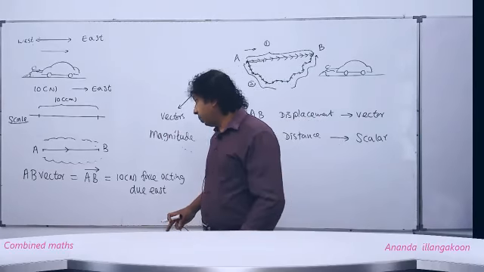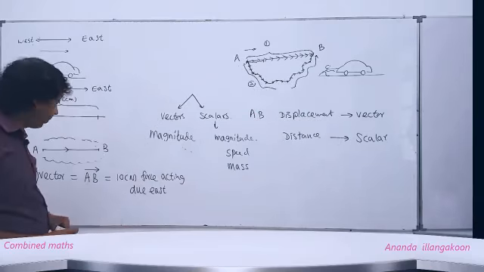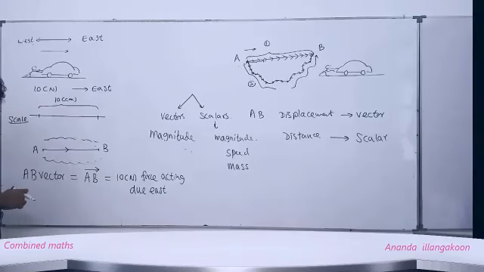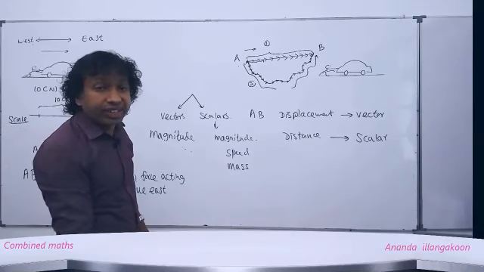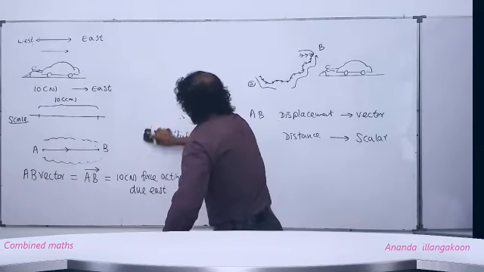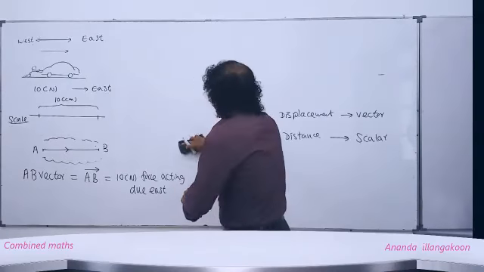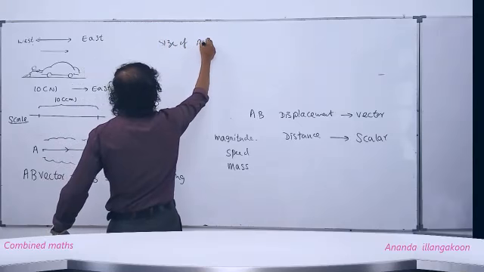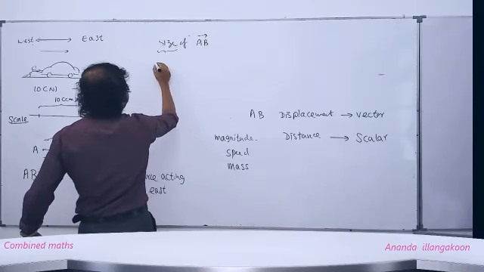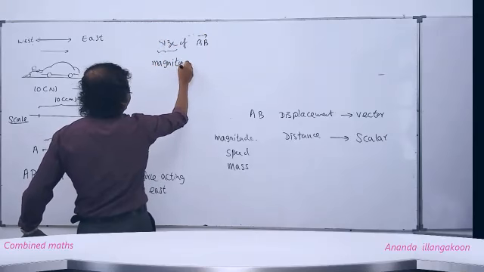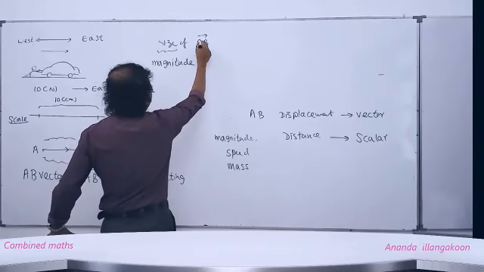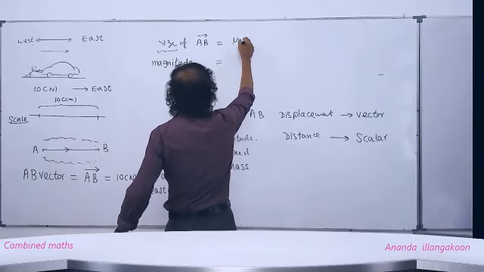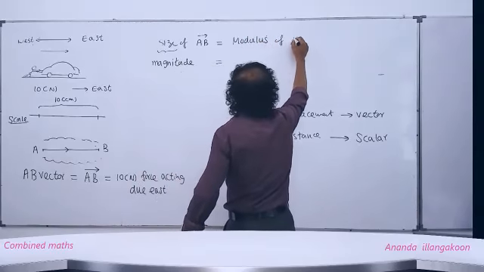Next, the size of the vector AB is called its modulus. Size means magnitude. Another word, magnitude of AB. The size of the vector AB is called the modulus of vector AB.